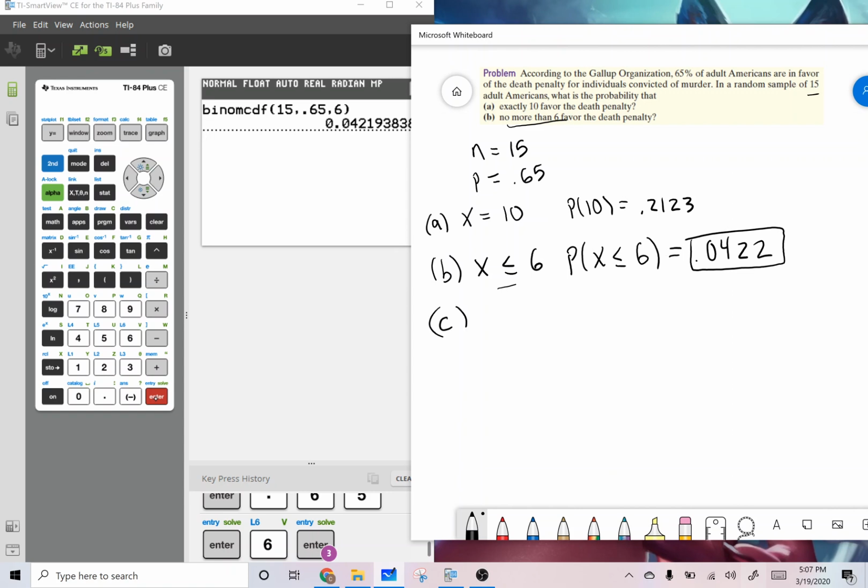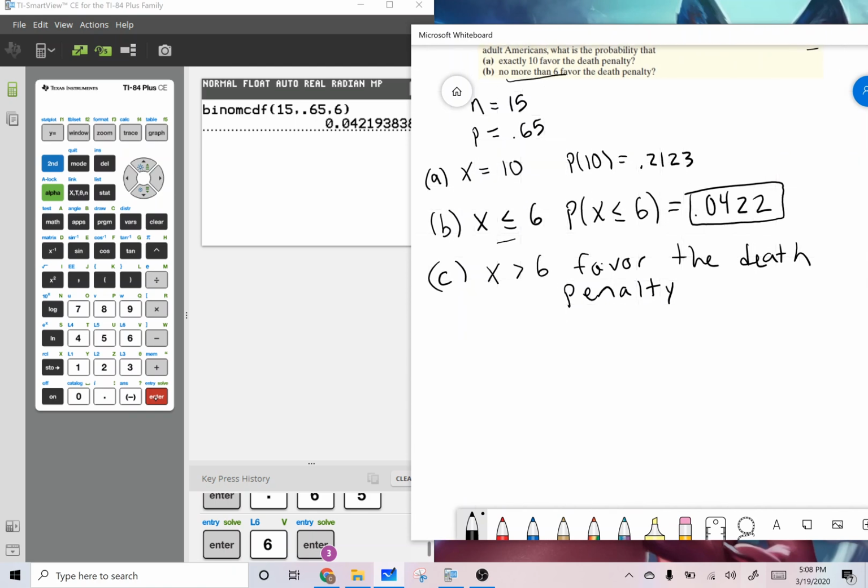Okay, so last but not least, let's do one more problem. Let's say, for instance, that we want the probability that x is greater than 6. Anything bigger than 6 is okay to favor the death penalty. If we're going to do this, we can do it two ways.